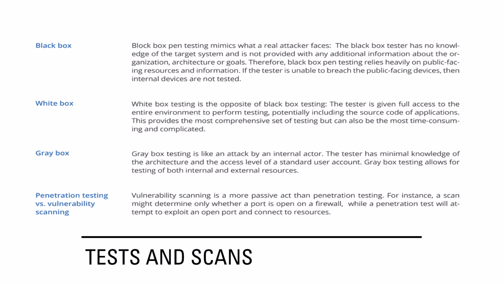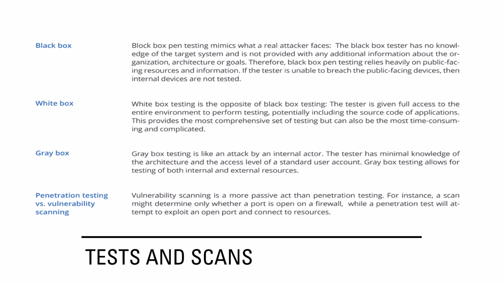White box is the total opposite of that. I'd imagine no hacker would have a white box situation because here you get full access to the environment. You know everything about the source code of applications and things that whoever hired you would want you to test on the system, and it would be a long process because you have a whole list of things that they want you to test, this and that.